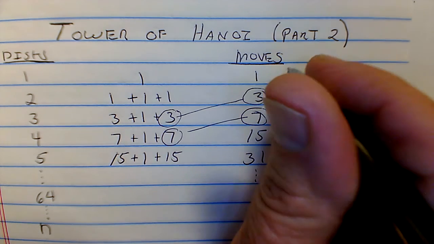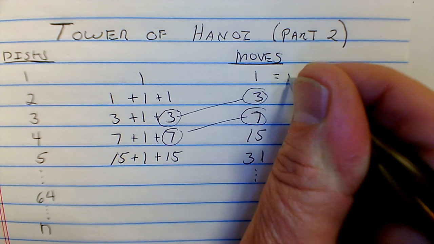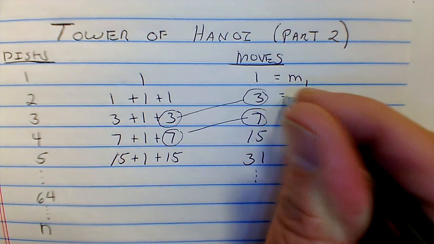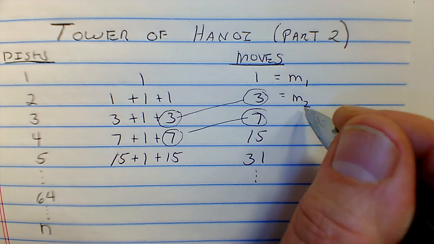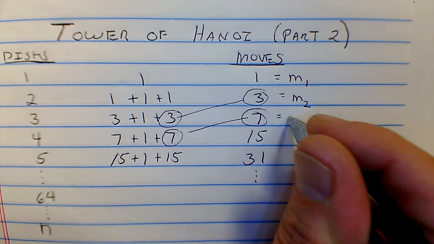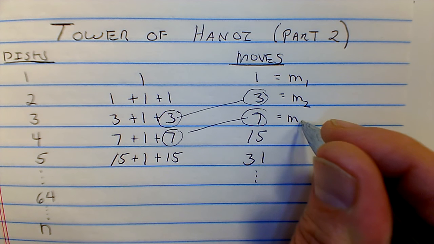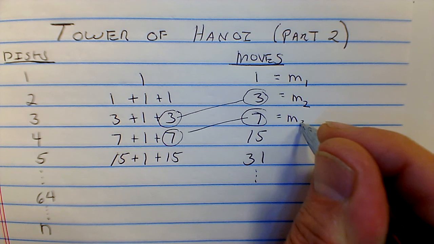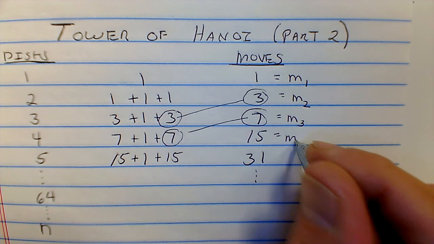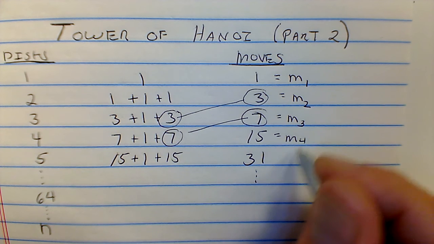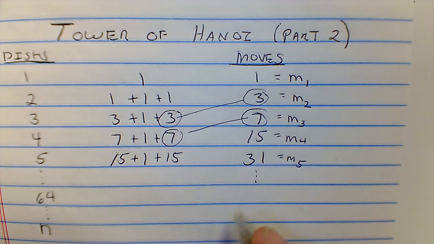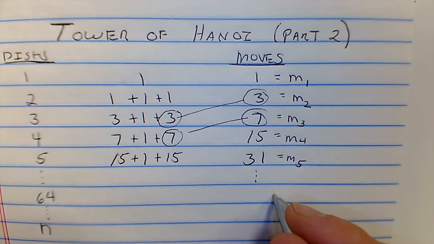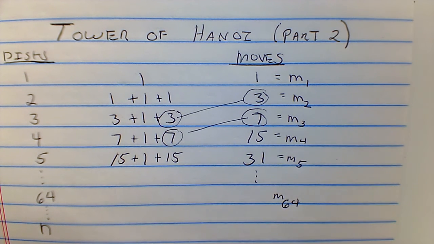So what you might notice is that we can come up with a recursive formula. If we call this M1, meaning moves, M2 for number of moves with 2 discs, number of moves with 3 discs, number of moves with 4 discs, number of moves with 5 discs, well then 64 is going to be M sub 64.